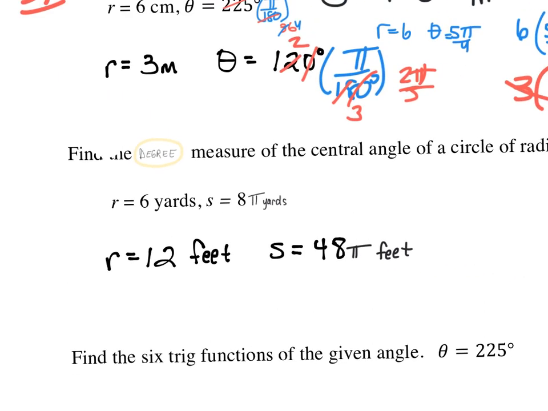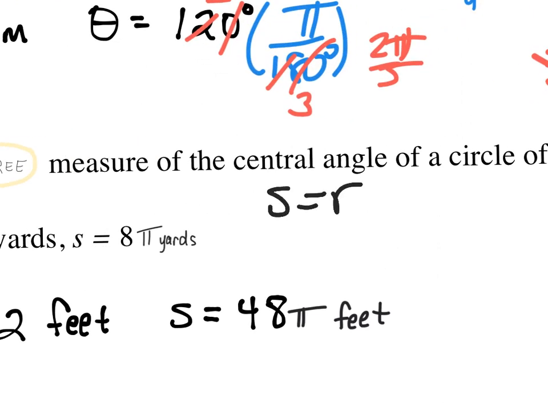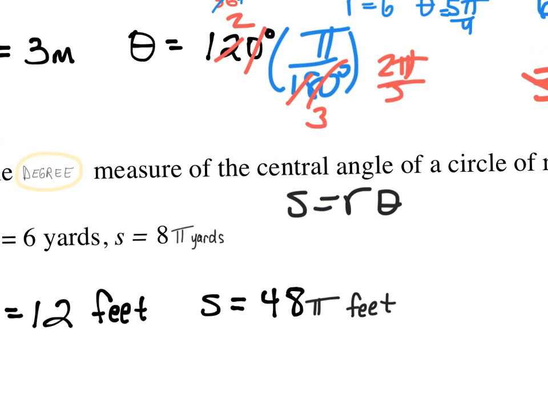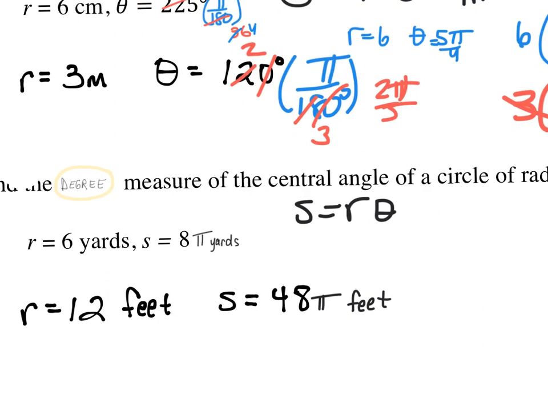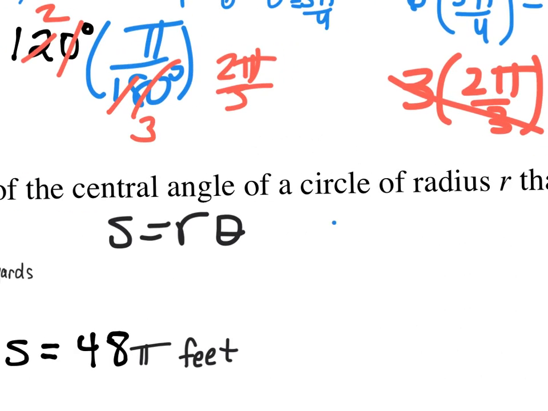So if we're talking about arc length, remember, the formula again for arc length is S equals R times theta, correct? Well, what did they give me in these two examples? They gave me S and they gave me R. I'm trying to find the central angle. So for this first one, I would say 8 pi equals 6 times theta, because that's my radius.